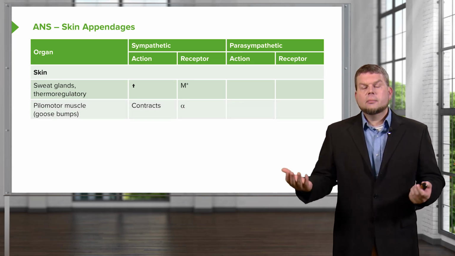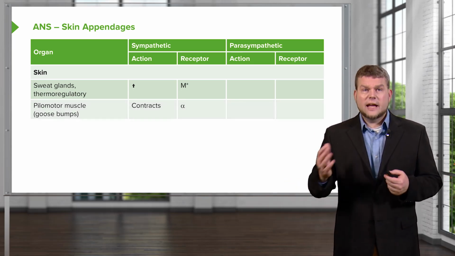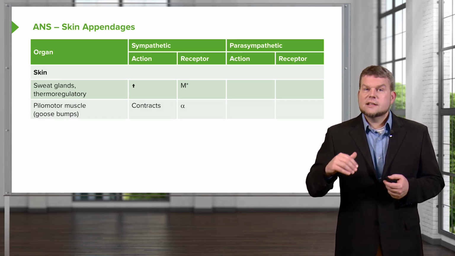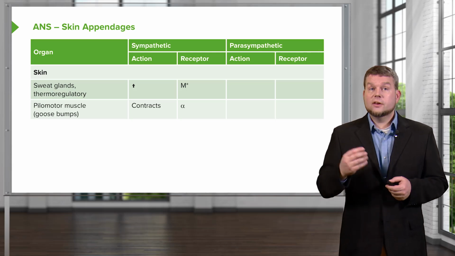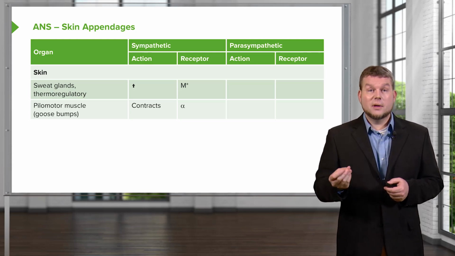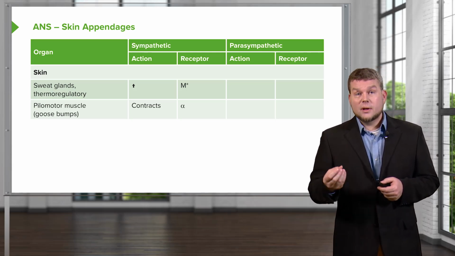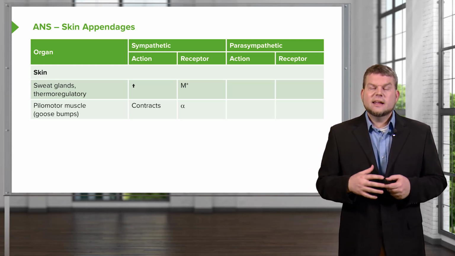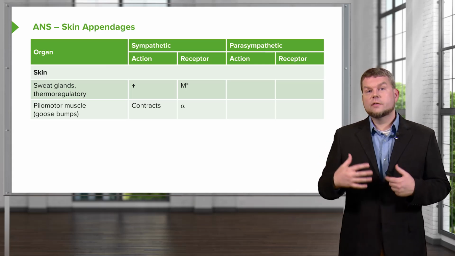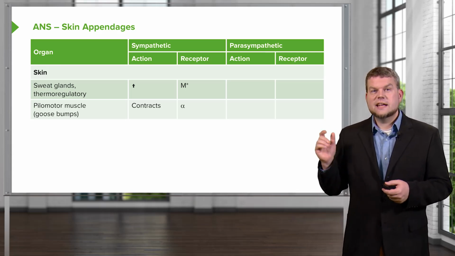The other type of skin appendage is hair. And so hair is sticking off the skin. You can modulate the hair, though, by contracting pilomotor muscles. These pilomotor muscles allow for hair to stand up. And this would be in a time when you're very cold or if you're nervous and your hair starts standing up.